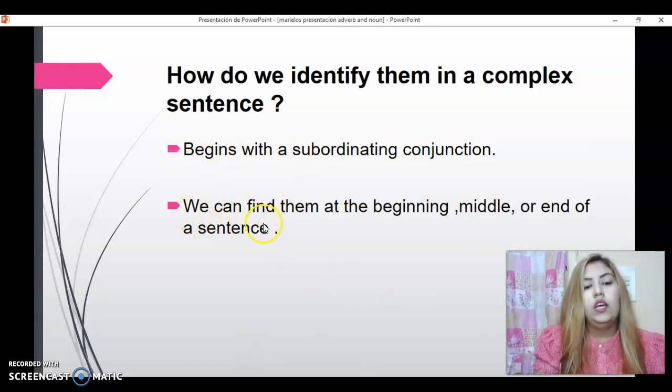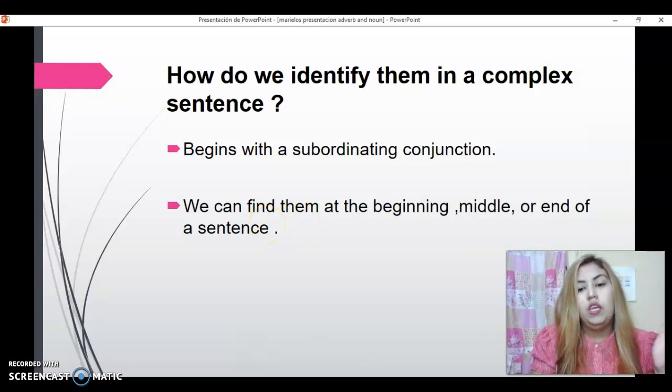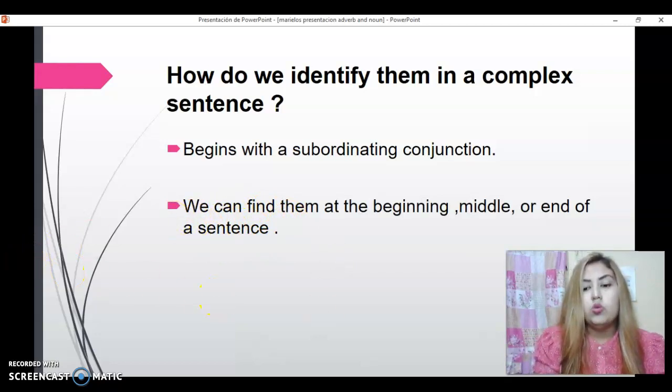And the next piece of advice is that we can find them at the beginning, in the middle, or at the end of the sentence. So you can be very focused on whether it's at the beginning, in the middle, or at the end. Okay, so those are some important steps to identify adverbial clauses in a complex sentence.